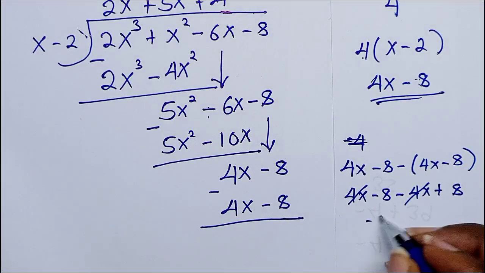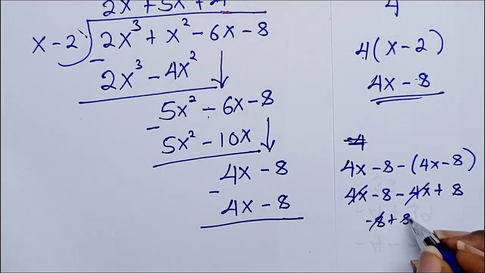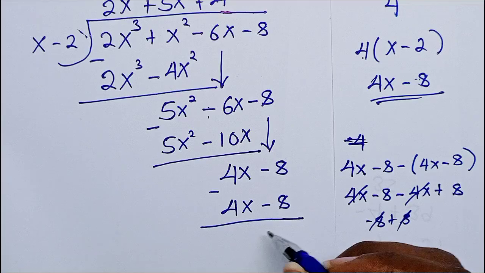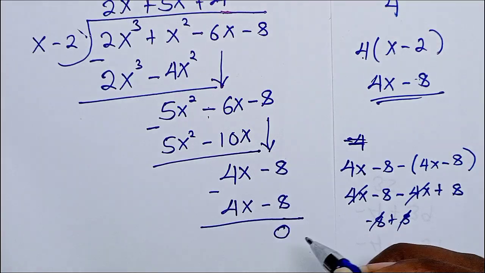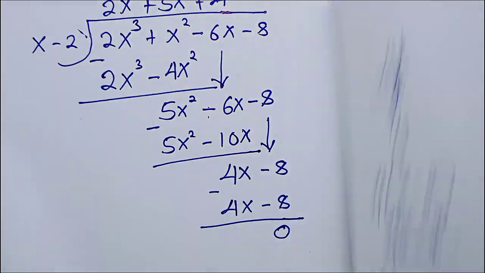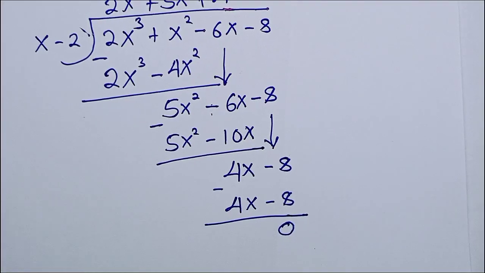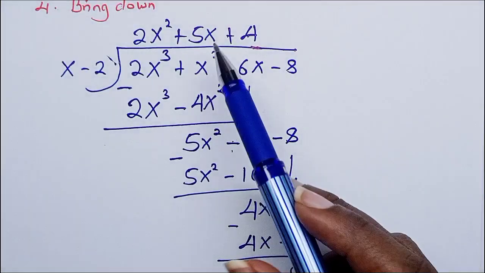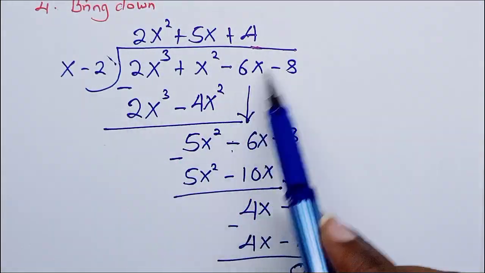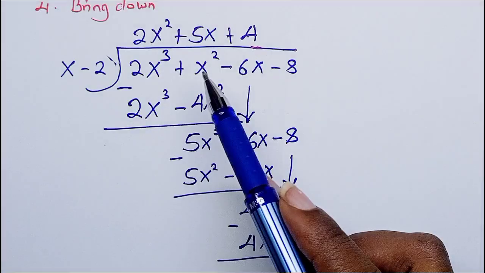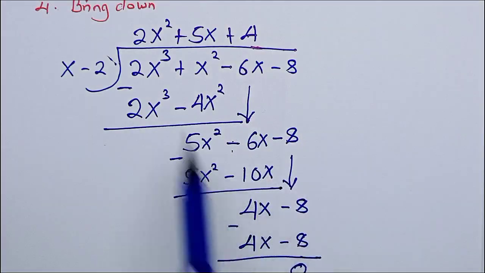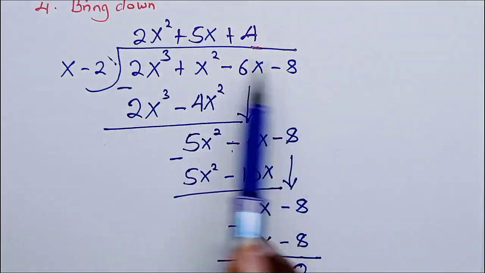So you're left with minus 8 plus 8, which also cancel out. So here we are left with 0. Okay, so we have no remainder. That means this is completely divisible by x minus 2. So x minus 2 is a factor of this polynomial here.